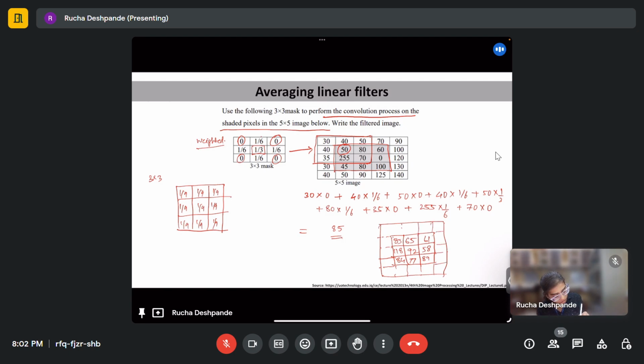So here only the values from the original image itself are filled.